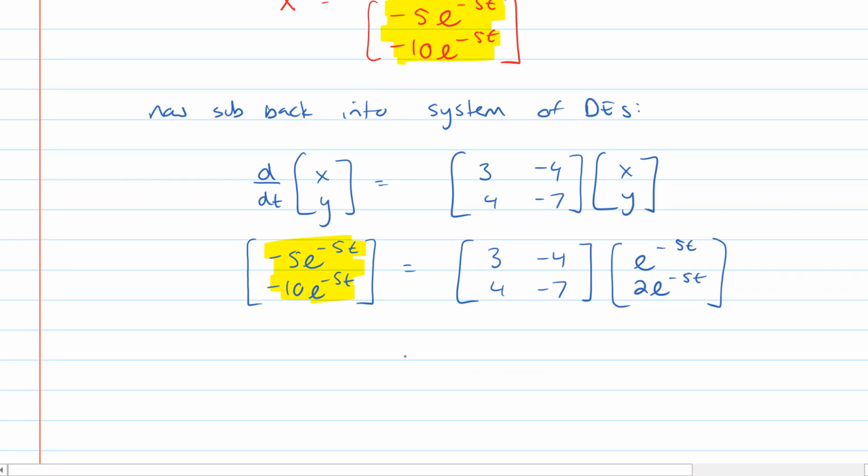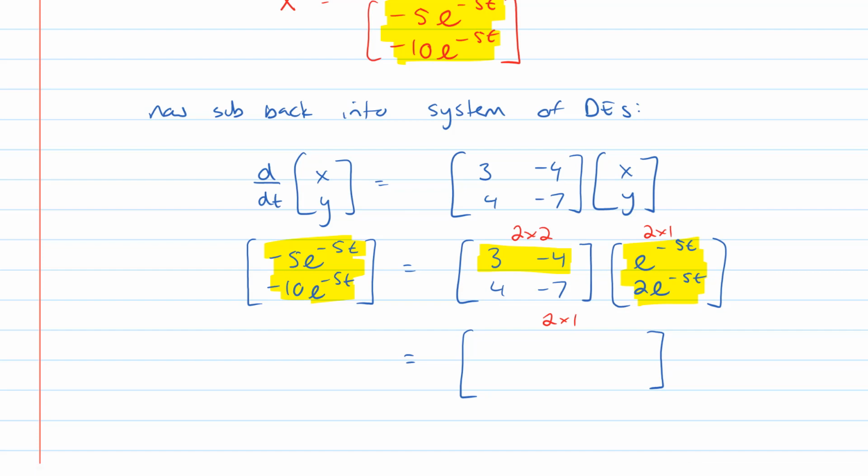And so now we're just going to multiply out the right-hand side. Remember how this works is you take the row and you multiply it onto the column. And I should mention before we do that, this is a 2 by 2, and this is a 2 by 1. And so our resulting vector here is a 2 by 1.